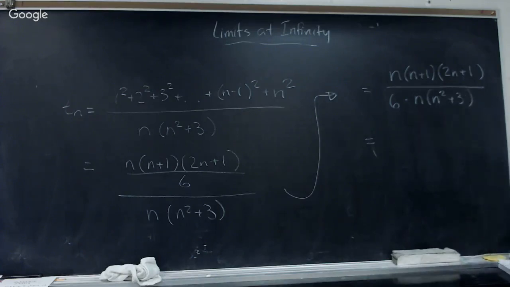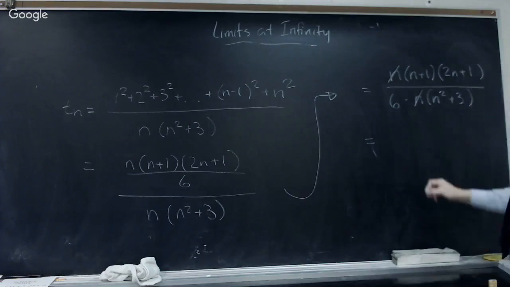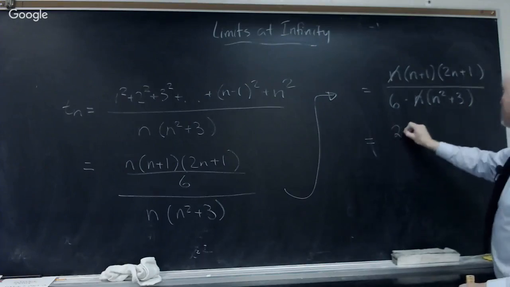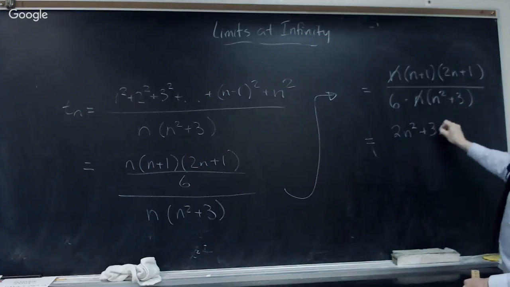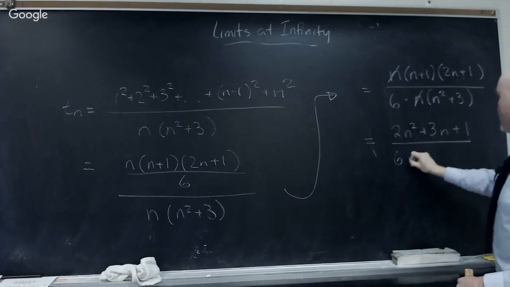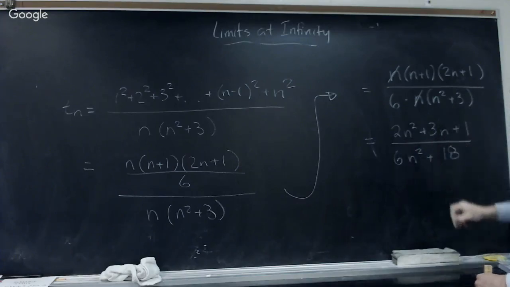This top actually expands out. What is the expansion of the top? This is going to be a cubic on the top. Cancel out the n first. Very good. And what I got was 2n squared plus 3n plus 1 on the top, and then 6n squared plus 18 on the bottom.